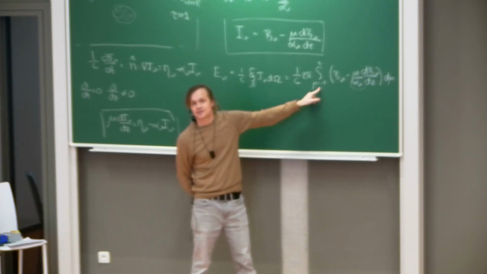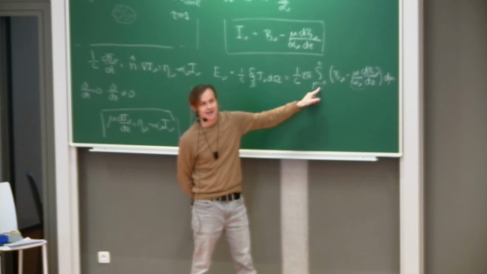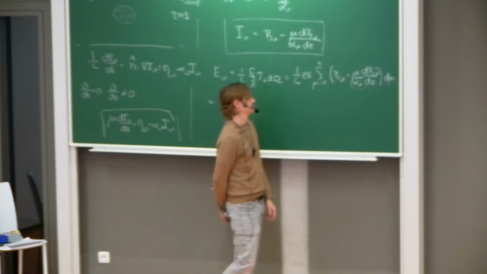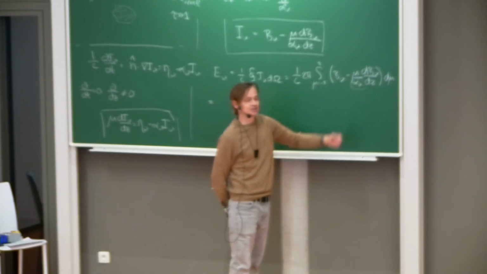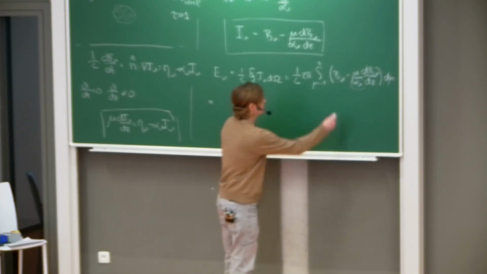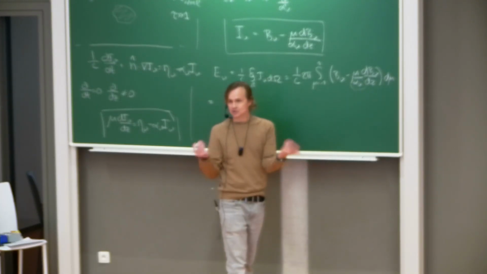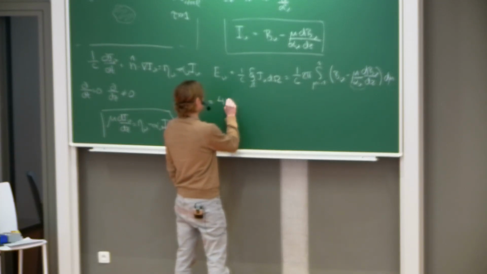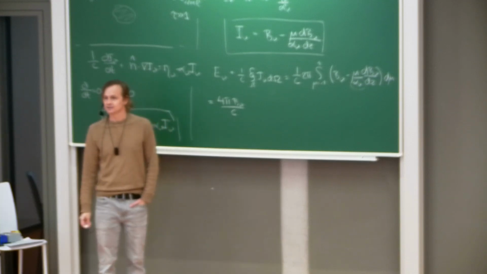The interval is even, so that integral will be 0, as I got from the audience. So this one vanished, and the only one we're left with is that. Okay. And B nu is angle independent, as we know. That's the Planck function.